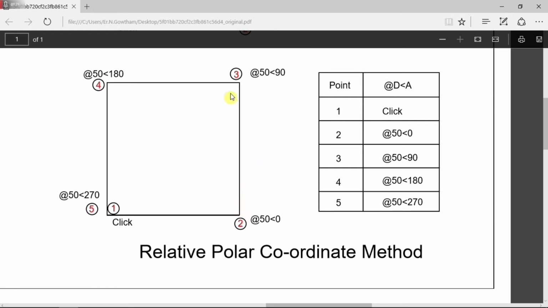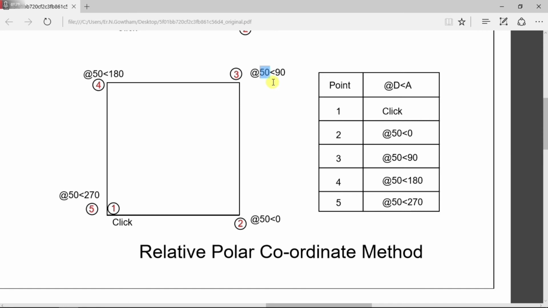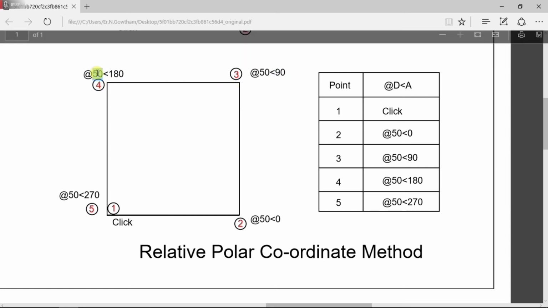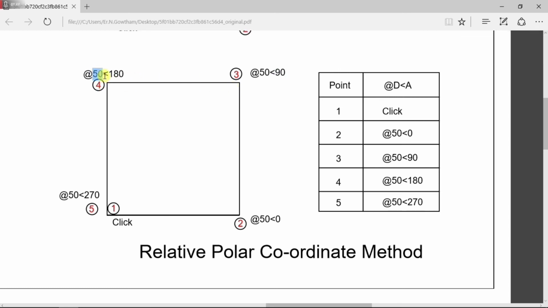And the third point at a distance of 50 at an angle of 90 degree, because we moved in the y direction, that is upwards. And the fourth point at distance 50 with an angle of 180 degree, because the line moved to the left on the x-axis. One thing to mind, here all distance values are only positive, right?